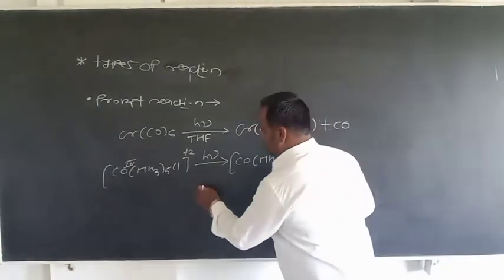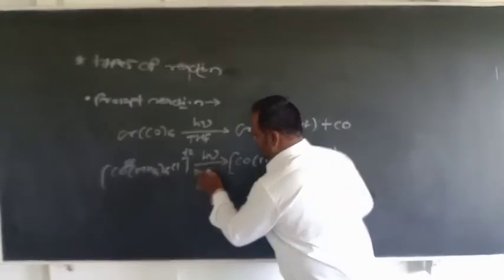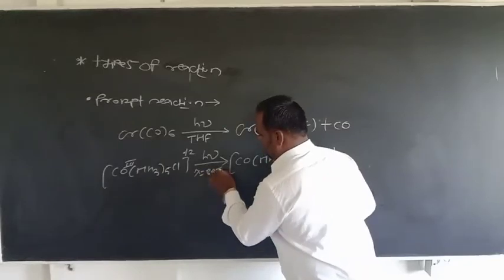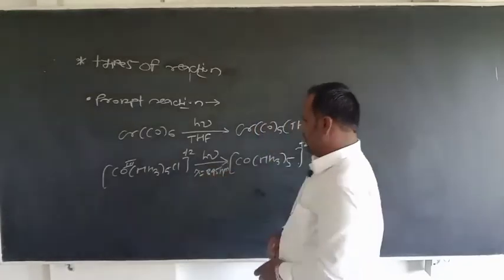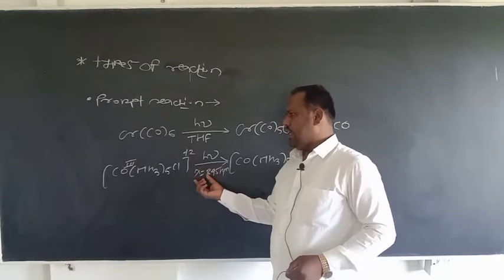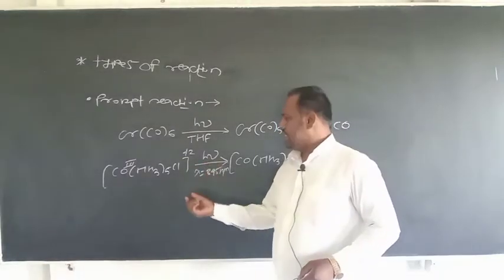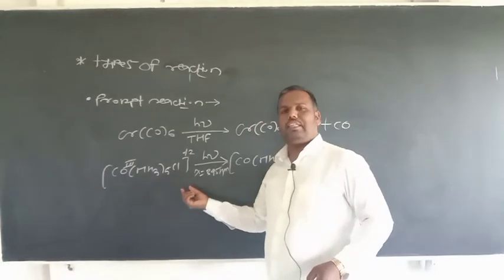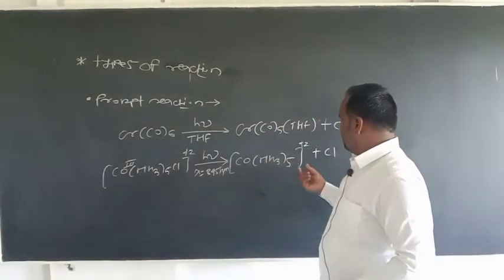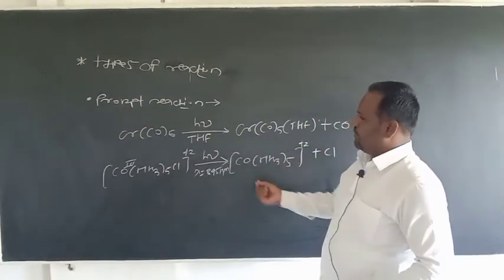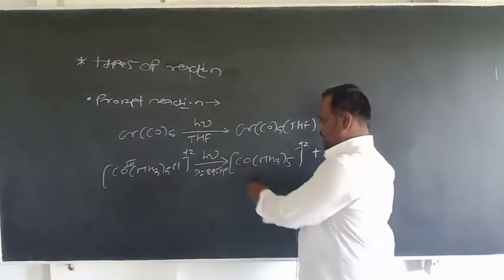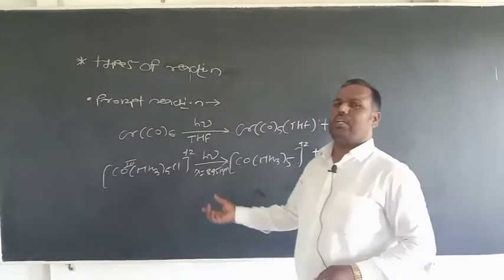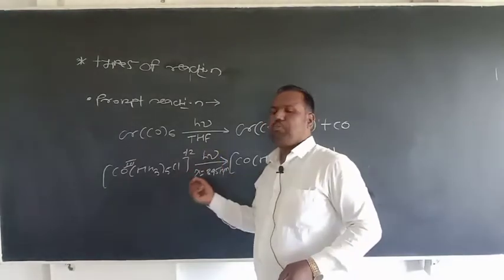The wavelength required for this reaction is λ equal to 395 nanometers. In presence of light radiation, the Co-Cl bond, that is the metal atom and chlorine bond, cleaves, and we get a product in which cobalt is in +2 oxidation state, because ammonia is a neutral ligand. So this is also an example of a prompt reaction.